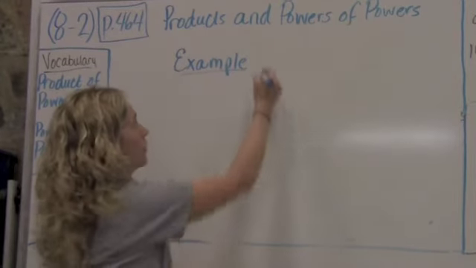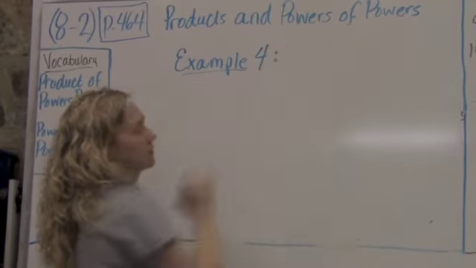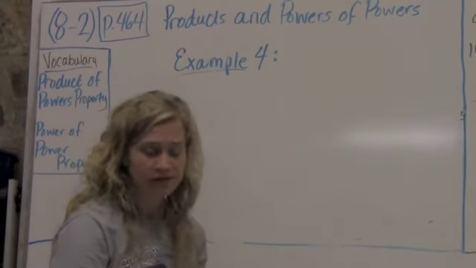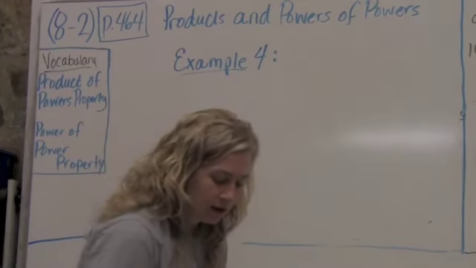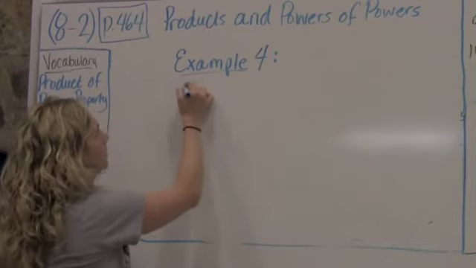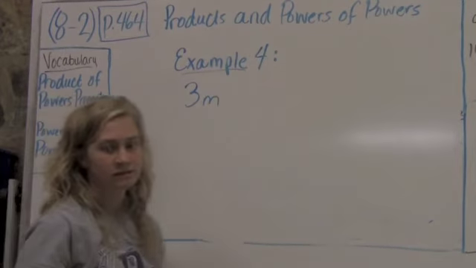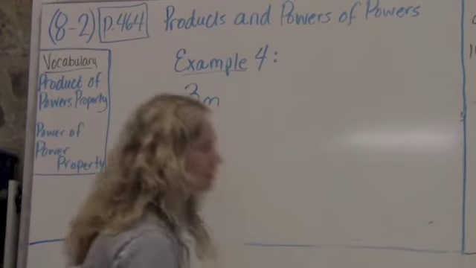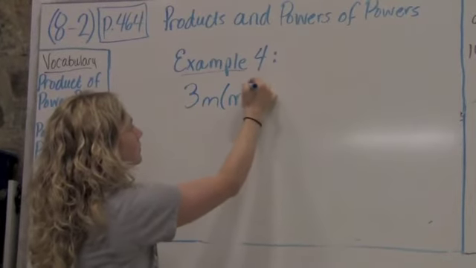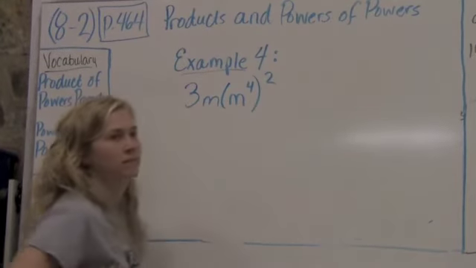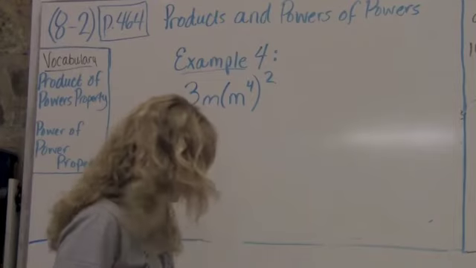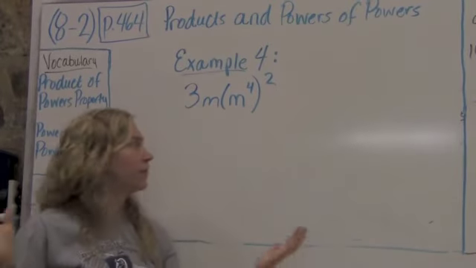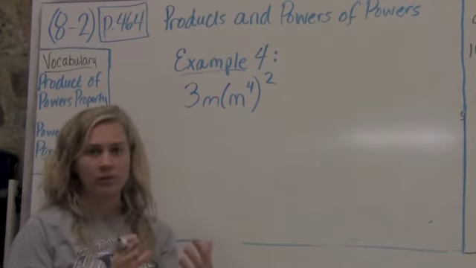Okay, example 4. This you'll find on page 467. They want you to simplify this expression. Okay? So basically they're just taking a bunch of things you've already done and putting them all together.